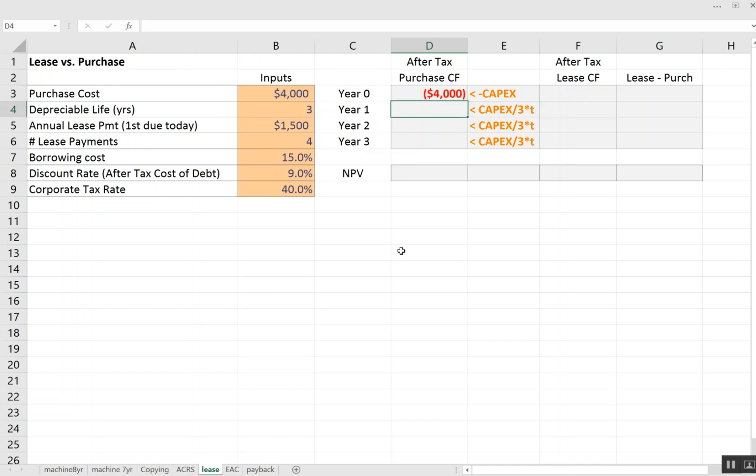And if we spend $4,000 today and capitalize it, we're going to take a depreciation every year, $4,000 divided by its life 3, and get a tax shield of the tax rate times that amount. So we're going to save taxes by being able to depreciate this. And then I'll just put a link there that my cash flows will look like that for the next 3 years.